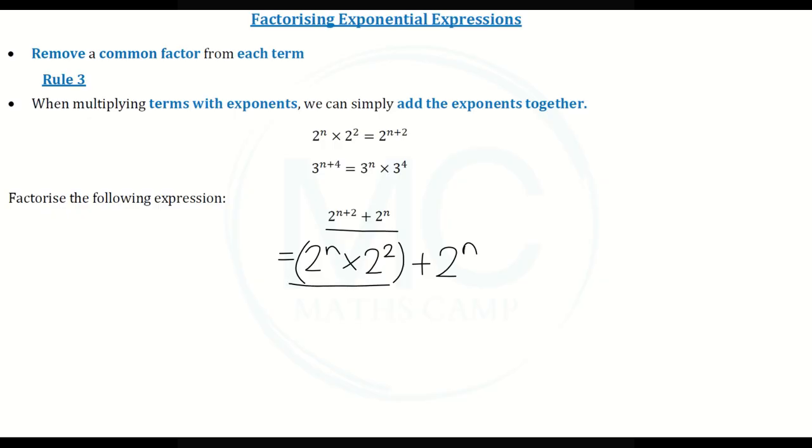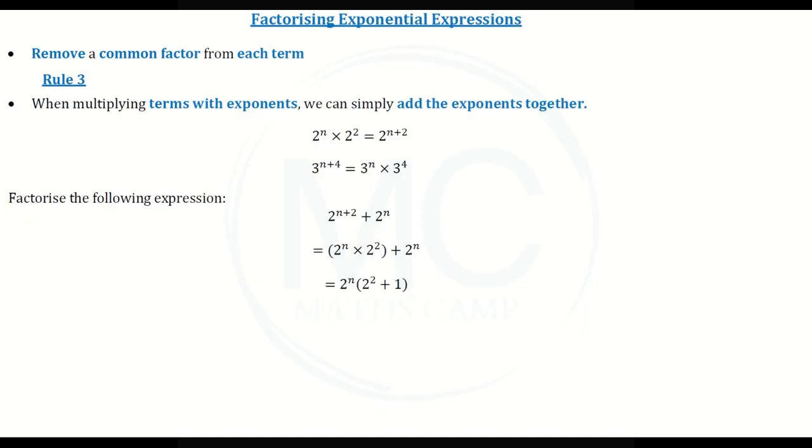So here's one term, and here's one term. Both of these terms have a common factor of 2 to the power of n. So let's take this out, and we've got 2 to the power of n. Open our brackets. Remember, when you are removing a factor, you're dividing. So in this case, we are left with 2 squared. 2 to the power of n divided by 2 to the power of n leaves us with 1.